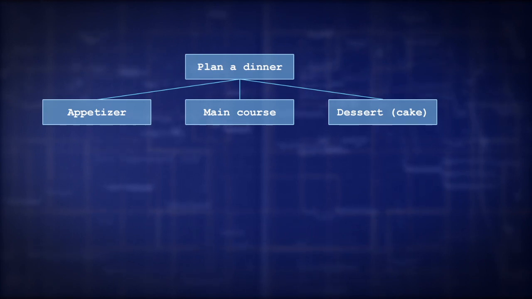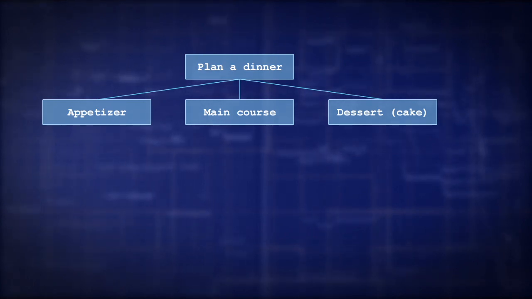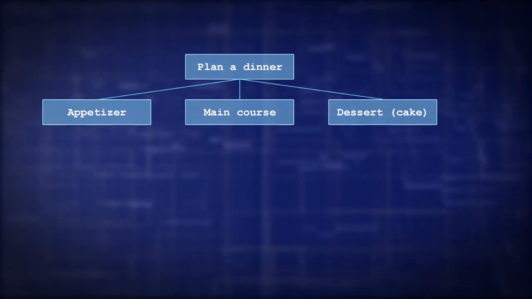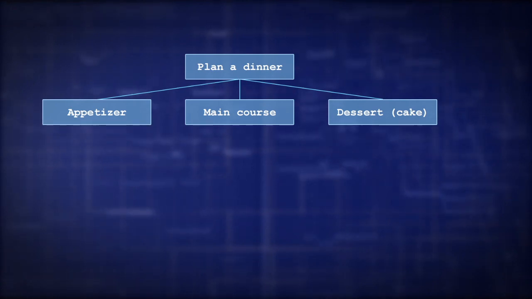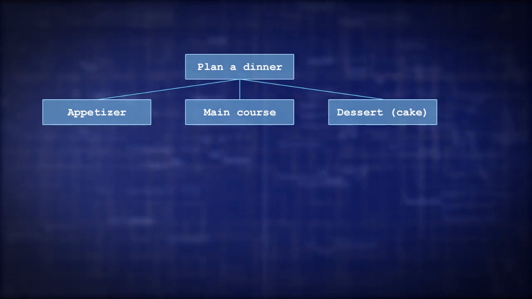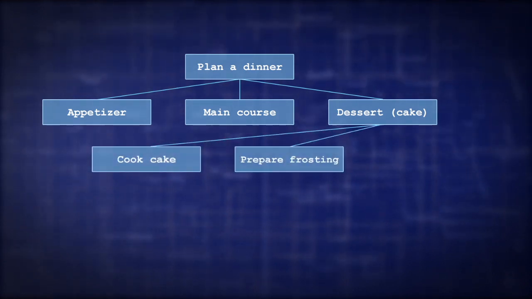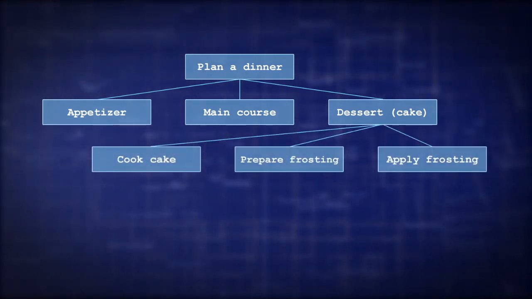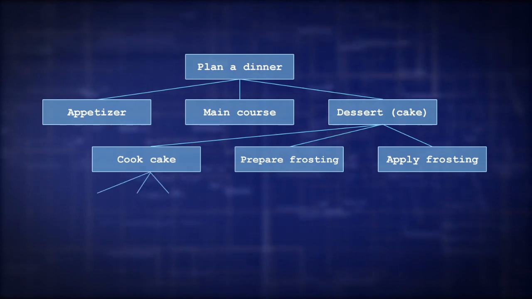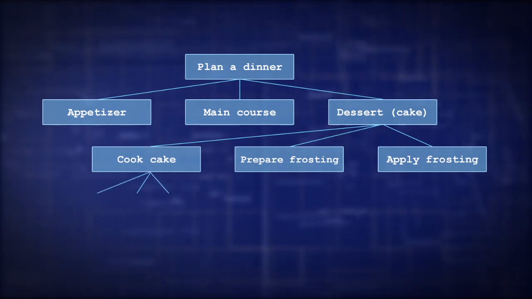Once that's settled, the next step might be thinking about what dish to serve for each of those courses. For the dessert, for instance, you might choose to have cake, so you think about what's needed for the cake. You need to cook the cake, prepare the frosting, and then put the frosting on the cake. Cooking the cake has a series of steps all its own.